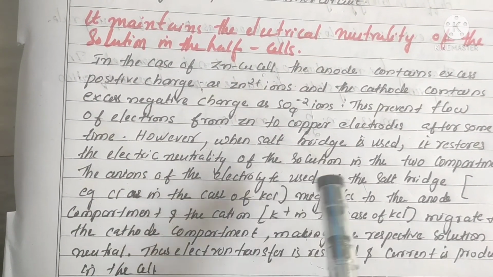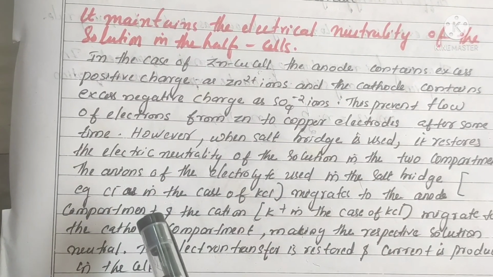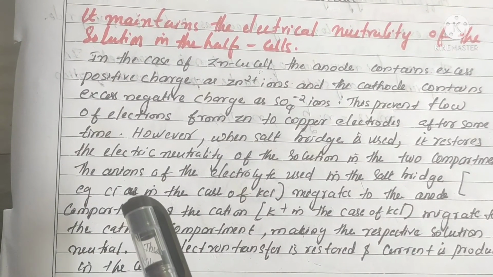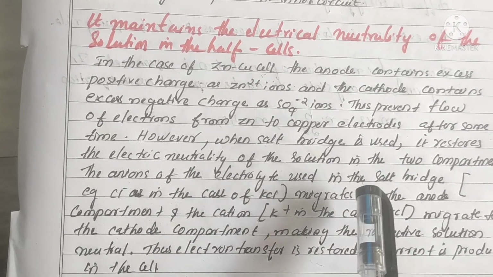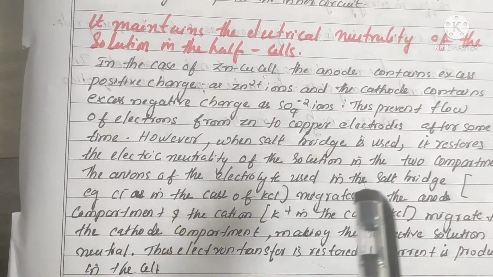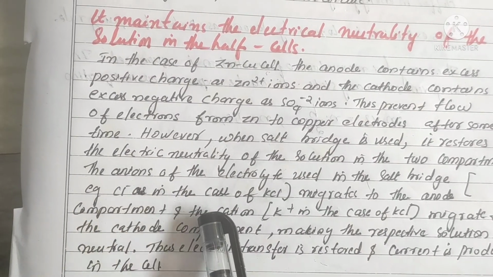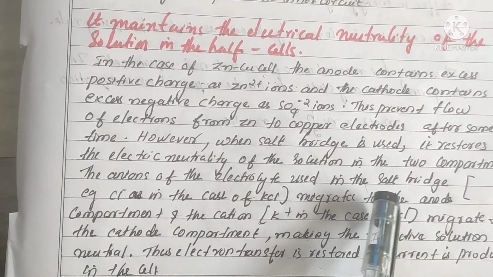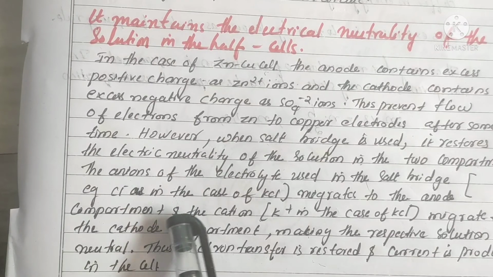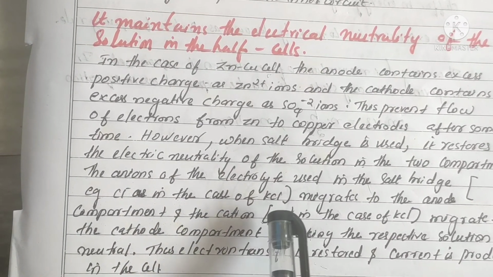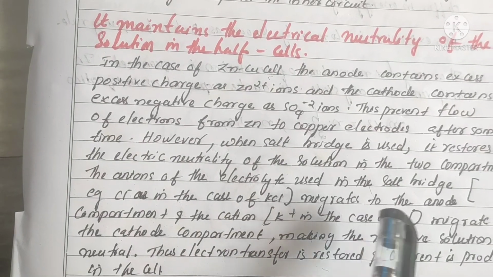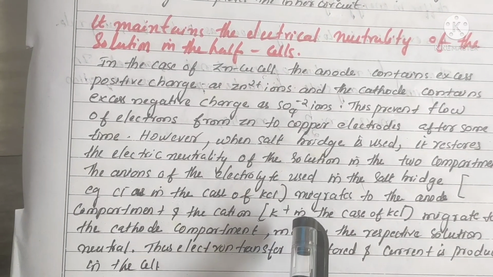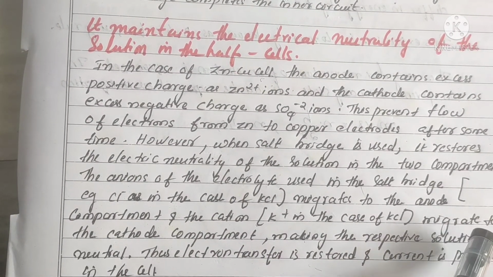The anions of the electrolyte used in the salt bridge, for example chloride ion in the case of KCl, migrate to the anode compartment, and the cation K+ in the case of KCl migrates to the cathode compartment, making the respective solution neutral. Thus, electron transfer is restored and current is produced in the cell.